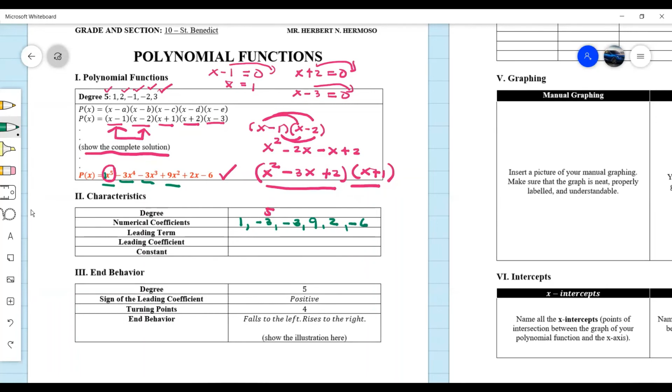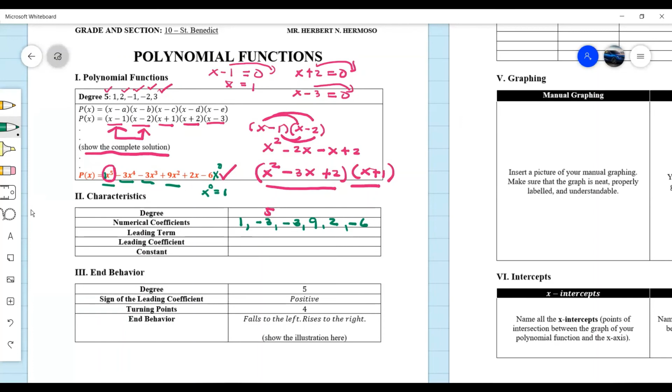Why is it that -6 is a numerical coefficient? It has no variable. Remember that there is a variable here, x raised to 0. If you simplify x raised to 0, any number raised to 0 is equivalent to 1.